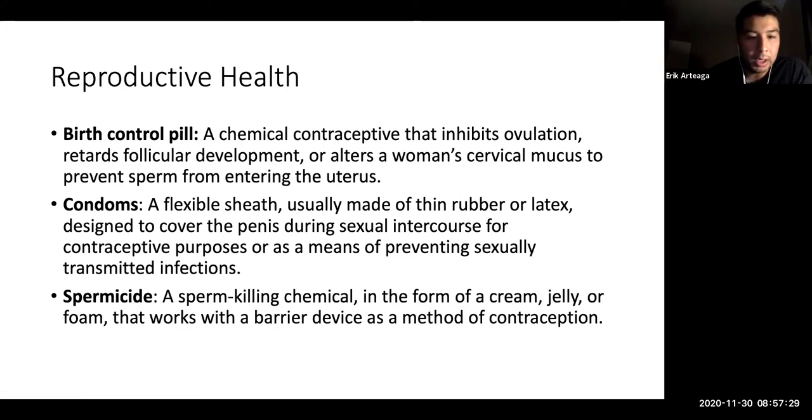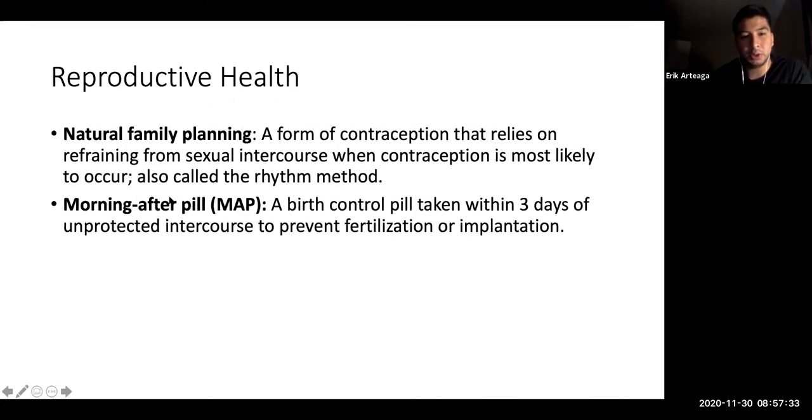Okay. Condoms, spermicidal lube. Natural family planning is going to be using a calendar. This is typical with certain cultural groups or certain religious groups that'll use this in order to prevent the use of chemical or hormonal based treatments.